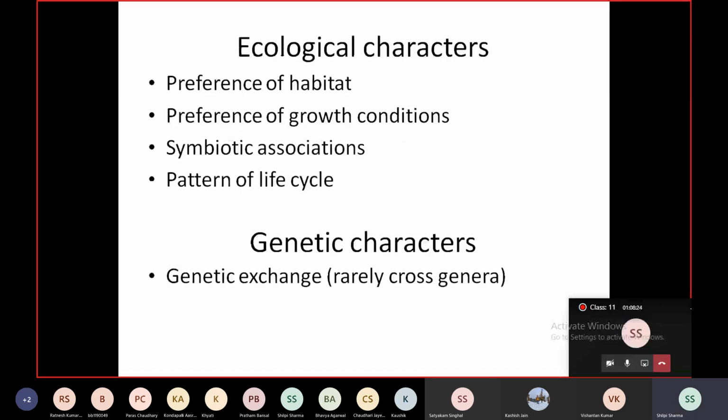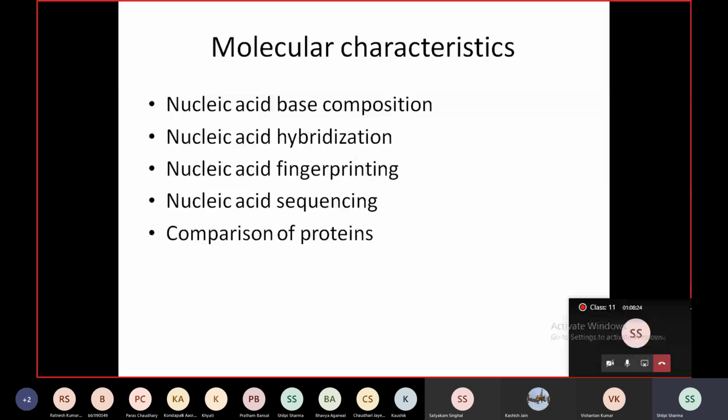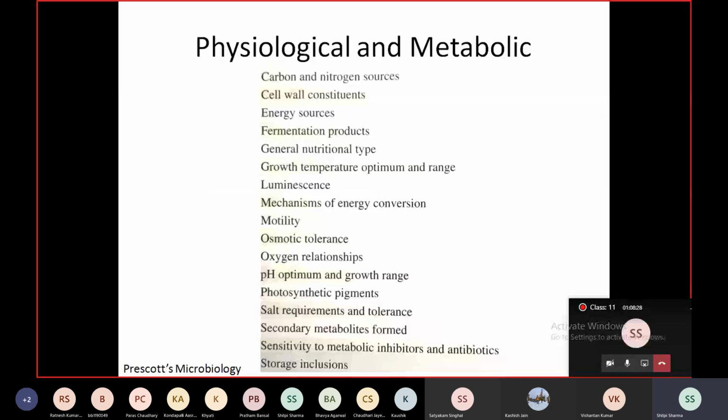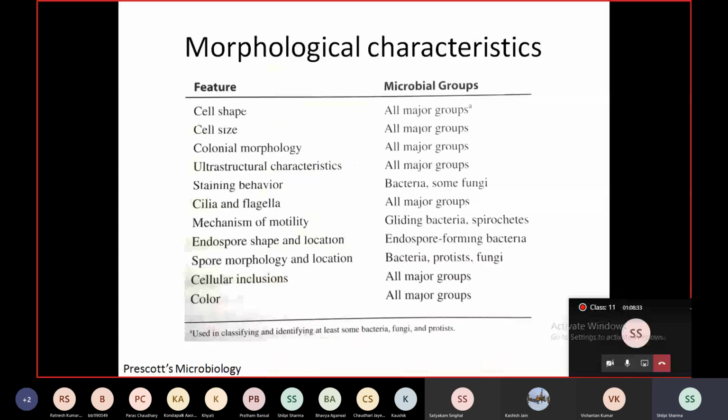Let us go back. देखो, molecular characteristics तो बिल्कुल clear. Sorry, ये characteristics तो बिल्कुल clear है कि आपको कभी भी किसी organism को classify करना है तो my morphological characteristics are the easiest which can be assessed कि क्या different parameters हैं, and you can also characterize the physiological and metabolic.